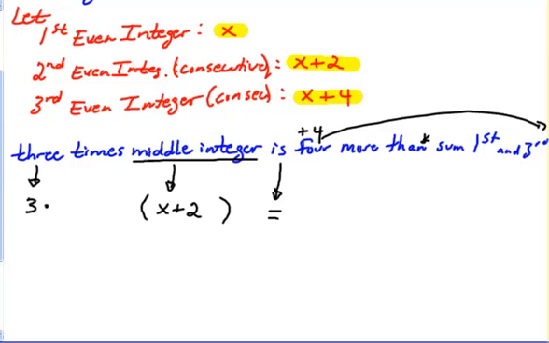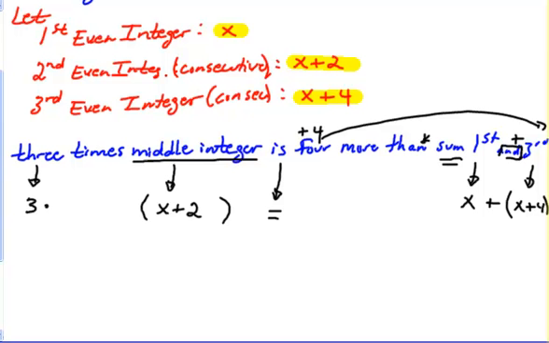Now let's look at this part. The sum, what's sum mean? Plus. Here's the joint word, so the plus is going to go on the and. What's the first? X. And the third? X plus 4.